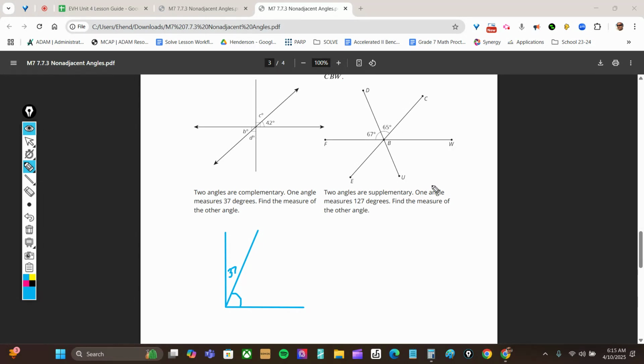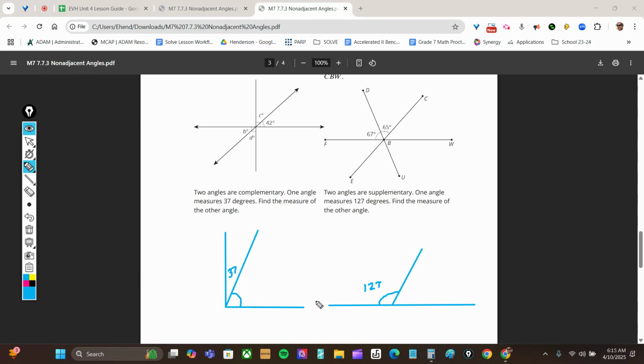Two angles are supplementary, so this is the same thing. One of these angles is 127. Find the measure of the other angle. So these are word problems they want you to solve.